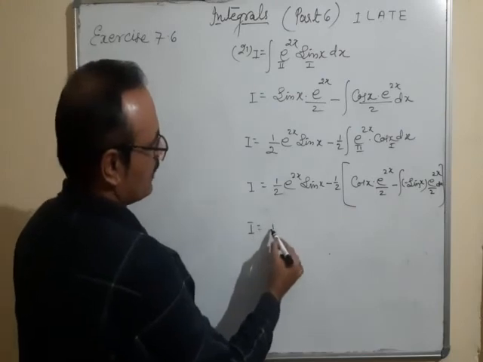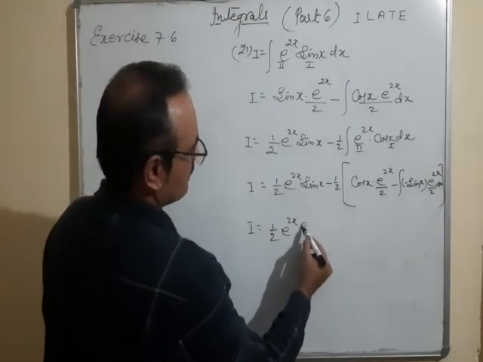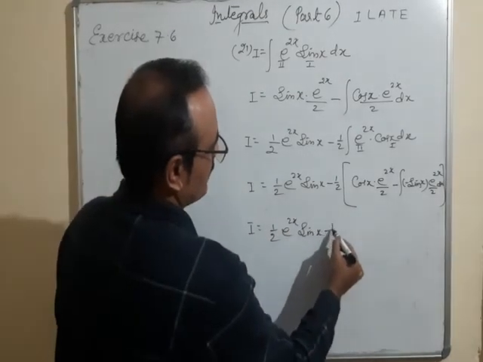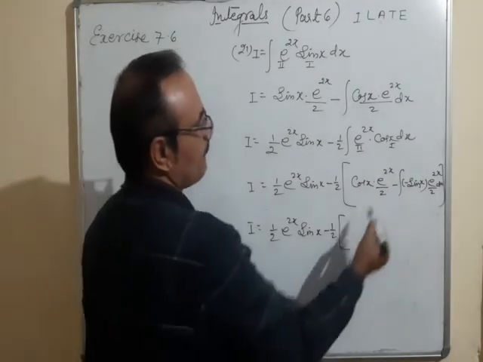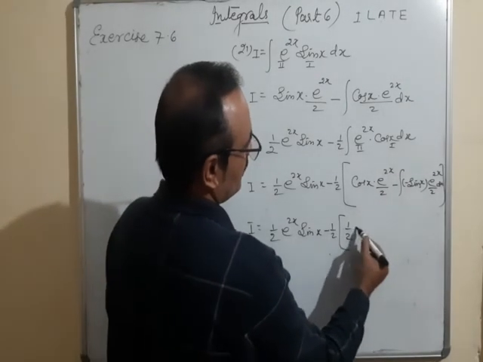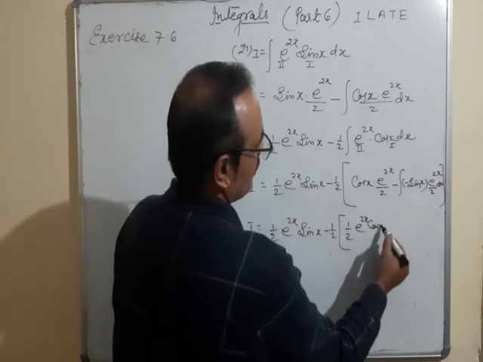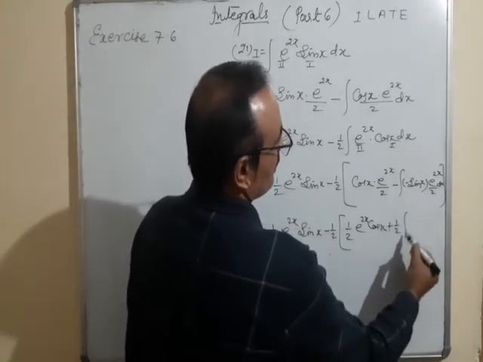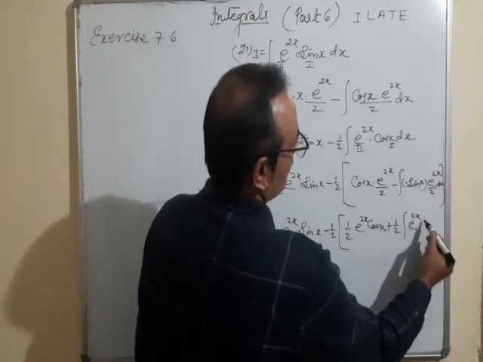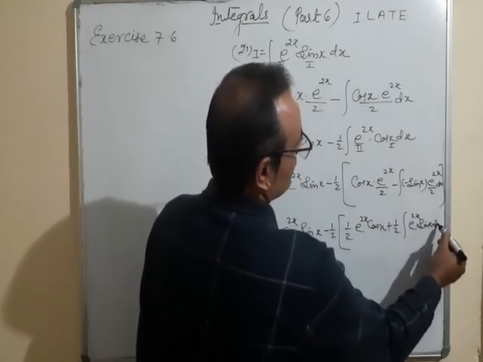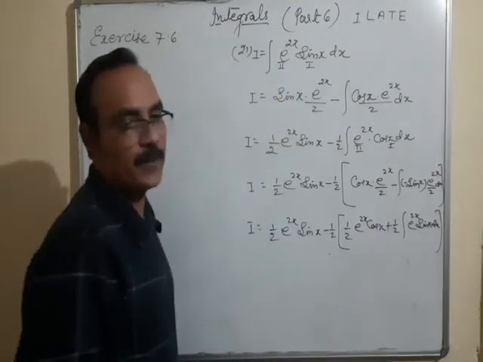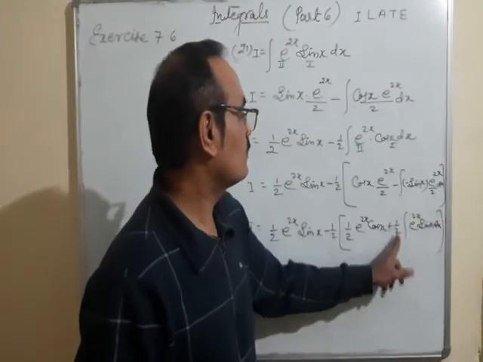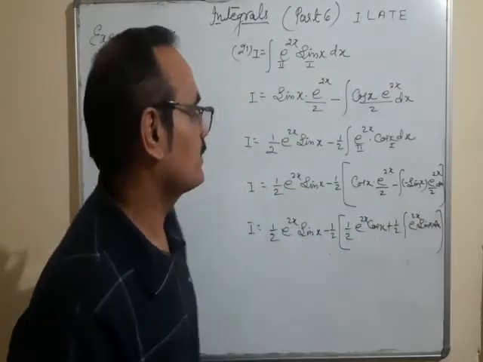I is equal to 1 upon 2 e to the power 2x sin x minus 1 upon 2, 1 upon 2 e to the power 2x cos x, minus minus plus 1 upon 2, and e to the power 2x sin x dx is coming. Is that okay? 1 upon 2, minus into minus is plus.